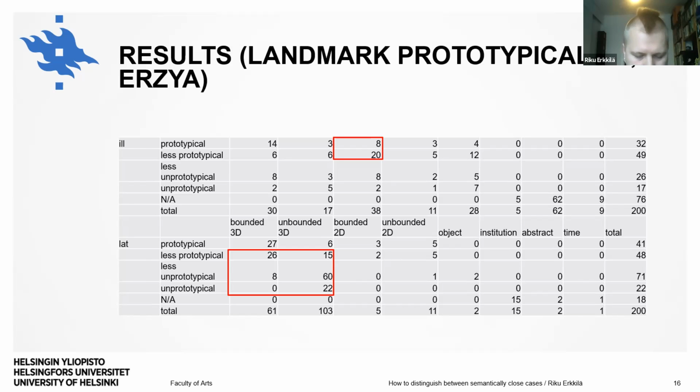I classify all directions, like 'to the direction of', which are expressed by a relational noun that means direction, as less prototypical, so it might skew the frequencies a little.